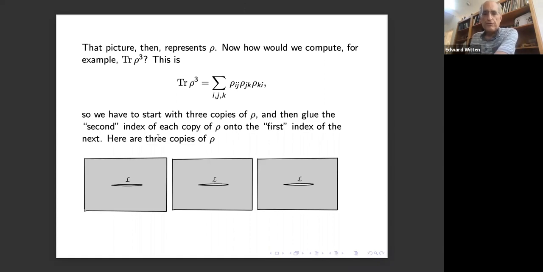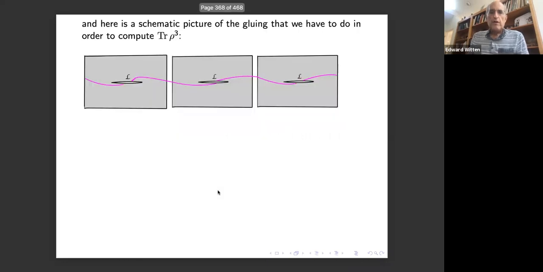Each copy is represented by a path integral in a cut plane. Then we make a gluing, which identifies the matrix element of rho above the cut in one copy with the matrix element below the cut in the next copy. The purple lines show regions above the cut in one copy that we glue to regions below the cut in the next copy.